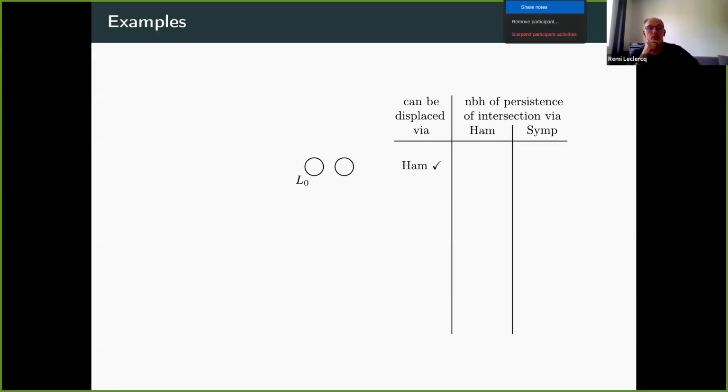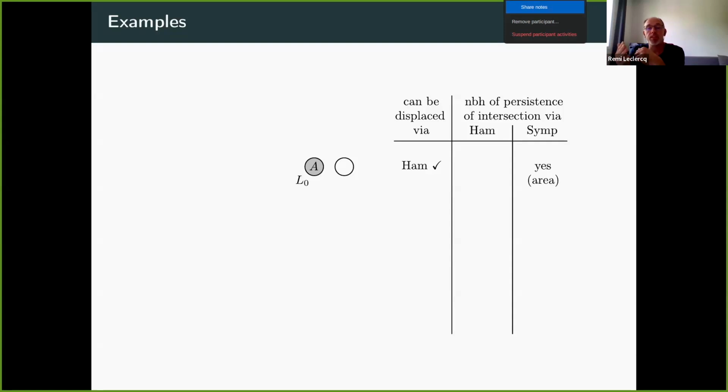So L is displaceable via Hamiltonian diffeomorphism. Now, the question is: is there a neighborhood of persistence of intersection via something? And actually, yes, via symplectic diffeomorphism.